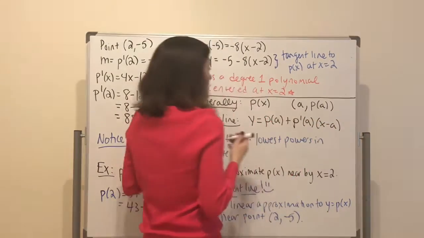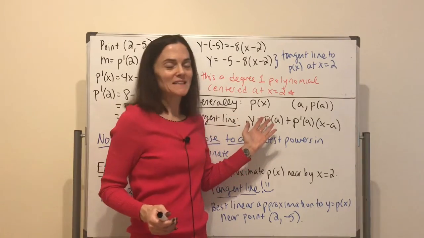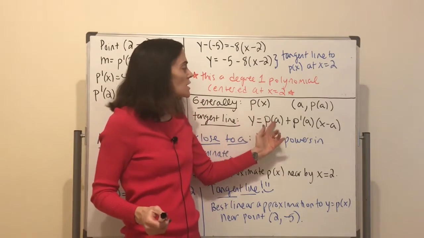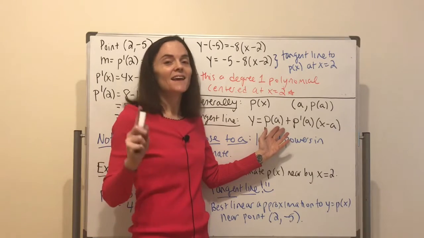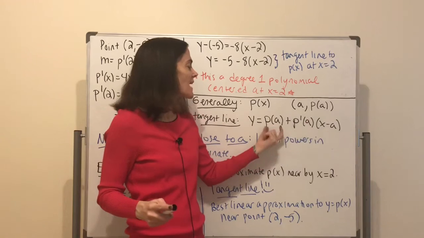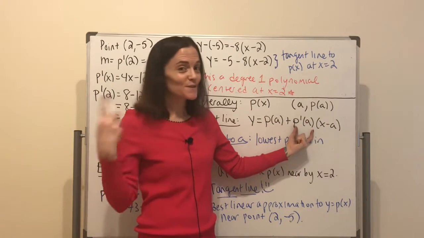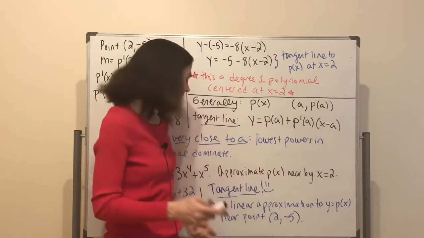Very generally, and I don't even need a polynomial here, but today I'm talking about polynomials, the tangent line is a degree 1 polynomial centered at a. This coefficient is just a function value, and this coefficient is the first derivative, both evaluated at a.